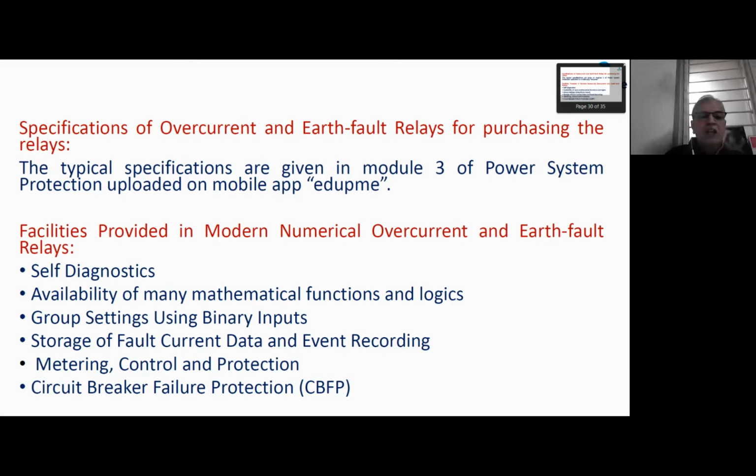Control: it does many control functions. Circuit breaker failure protection, then trip circuit supervision, interlocking, blocking some protection functions, reverse interlocking, many control functions are available. All these things I have described in my module 3 of power system protection.